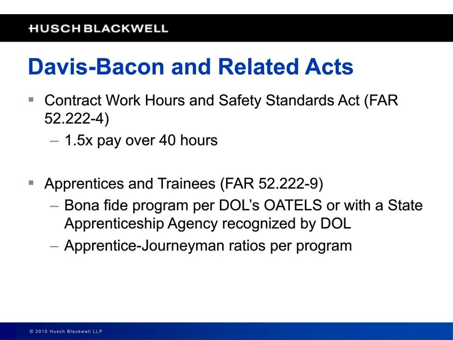But the DOL is going to look at a couple of things when you have such a program. It's going to specify a ratio of apprentice to journeyman, and that ratio has to be faithfully followed through. To the extent that apprentices are used above the ratio or outside the program, you have to pay them the full wage scale.